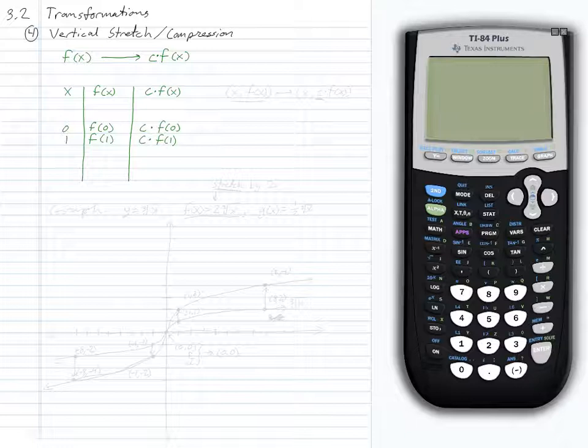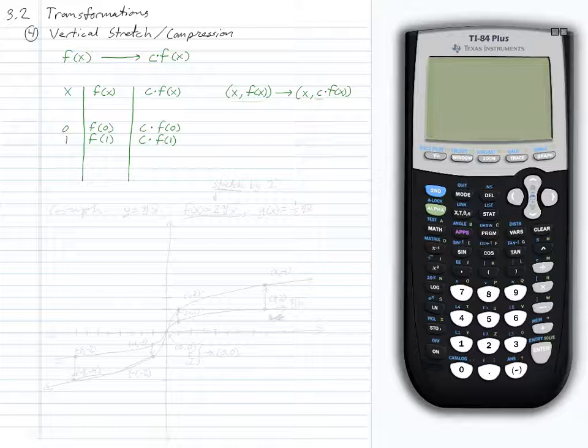So I have all of the same x-coordinates as I do originally. The only difference appears to be in the y-coordinates. So if the point x, f of x, lies on the graph of our original function, then the point x, c times f of x, is on the graph of our new function.